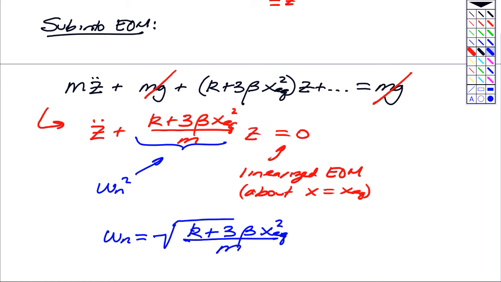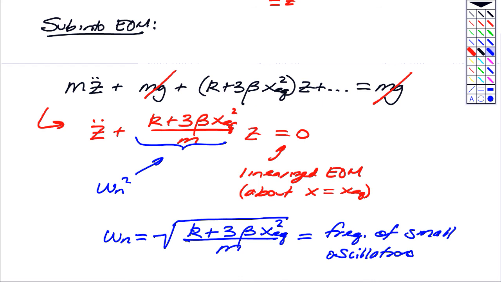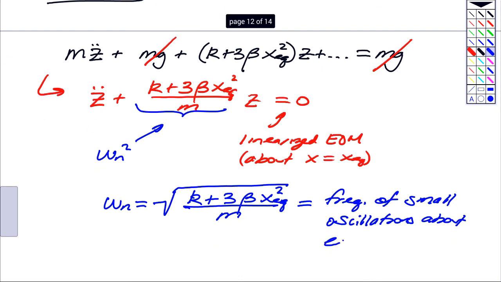So this is the frequency of small oscillations about equilibrium. And that's what we want.